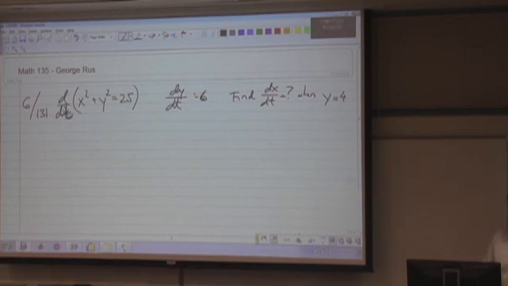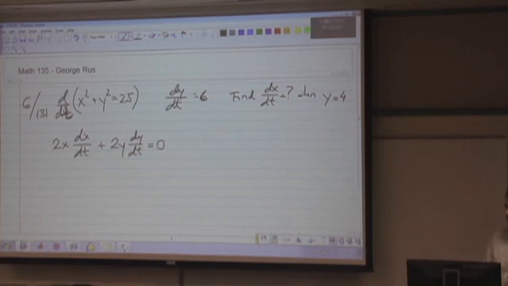If we take derivatives on both sides with respect to t, we're going to have 2x dx/dt plus 2y dy/dt equals 0, right?